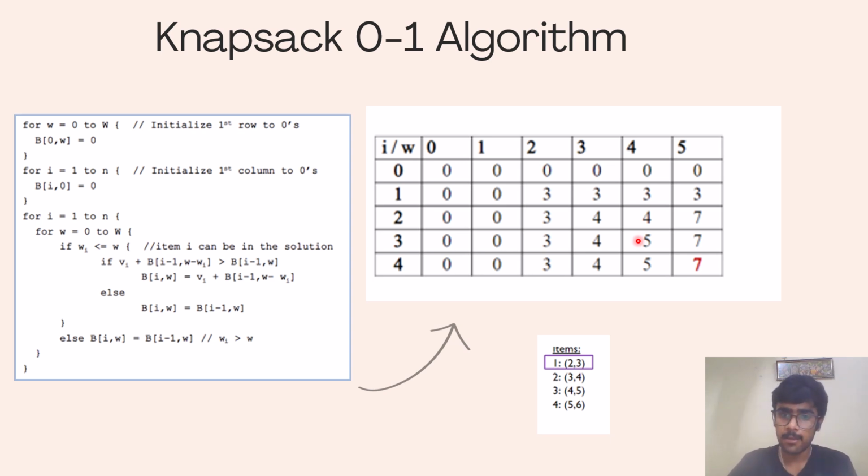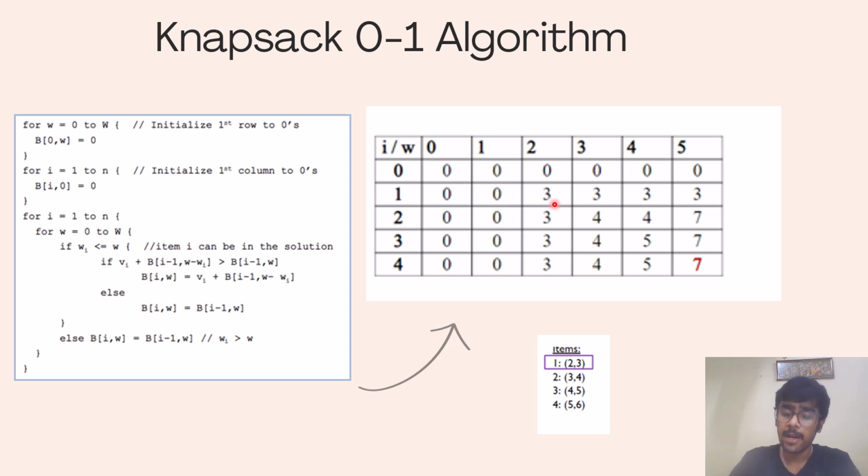Now if we take the example given below, we are given 4 items with their weights and corresponding values: 2 comma 3, 3 comma 4, 4 comma 5, and 5 comma 6. For the first row, that is the number of items equal to 1, only when the bag capacity is 2 can I place the profit as 3.